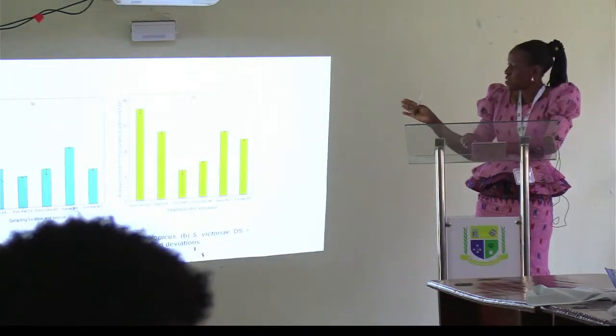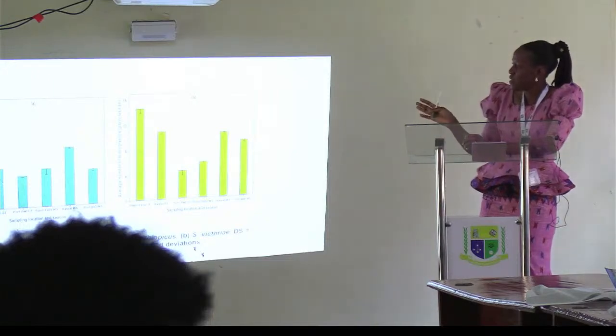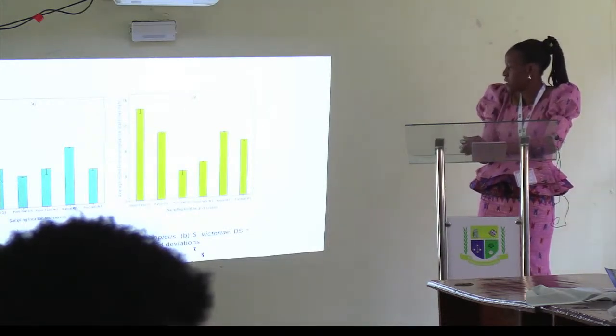And this is just a variation. If we are looking at the location and season, the number of microplastics that were present, the dry season, and then also the wet season.